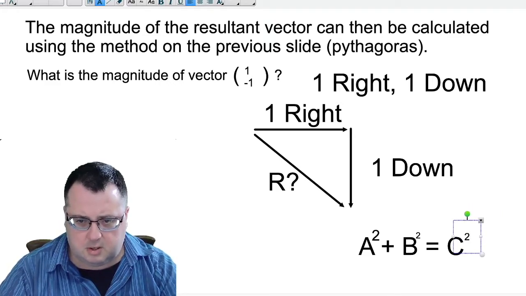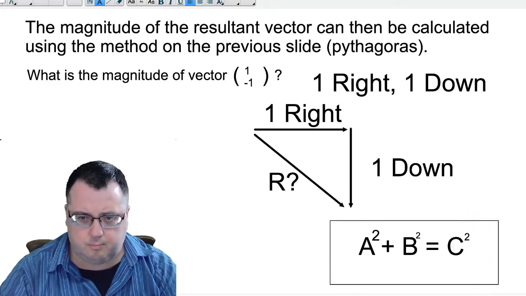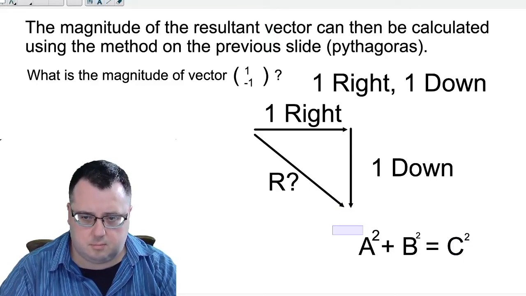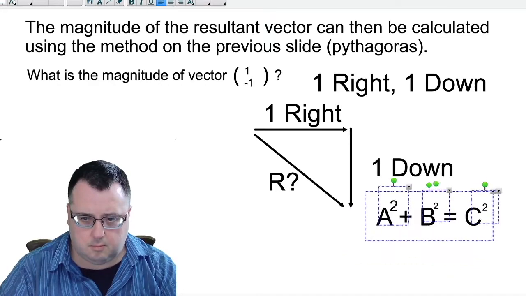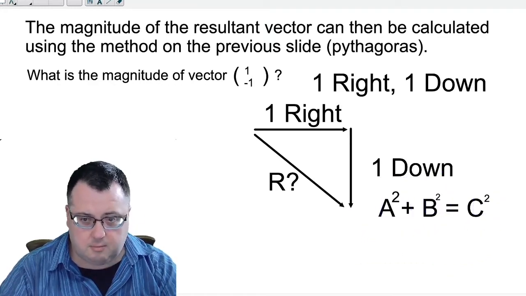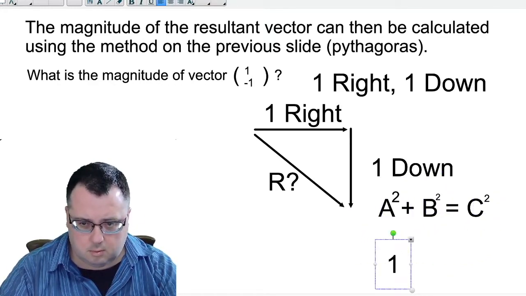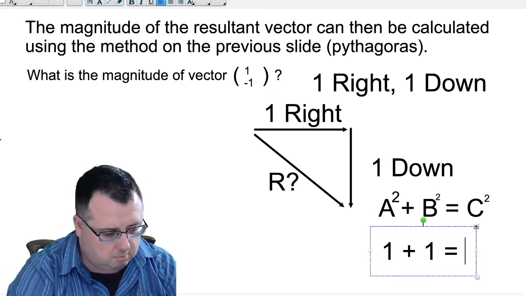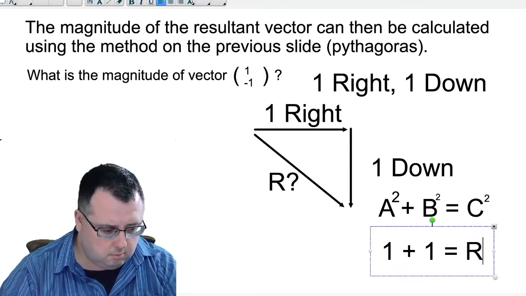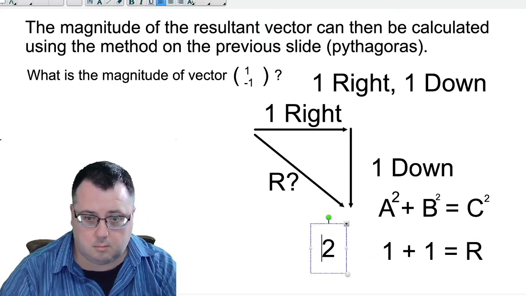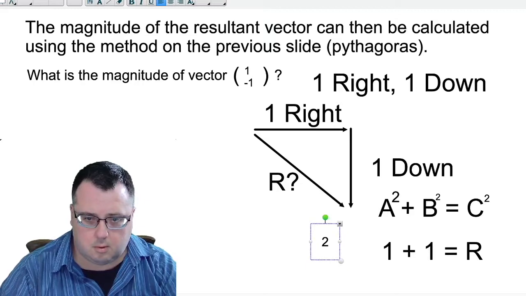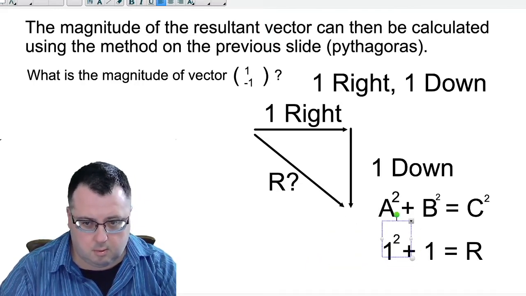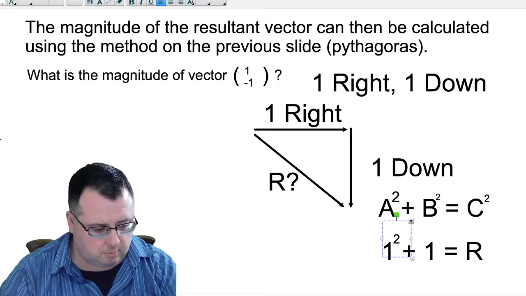A squared plus B squared equals C squared. Okay, let's move this. So we're going to have 1 plus 1 equals R. No, it doesn't want it.